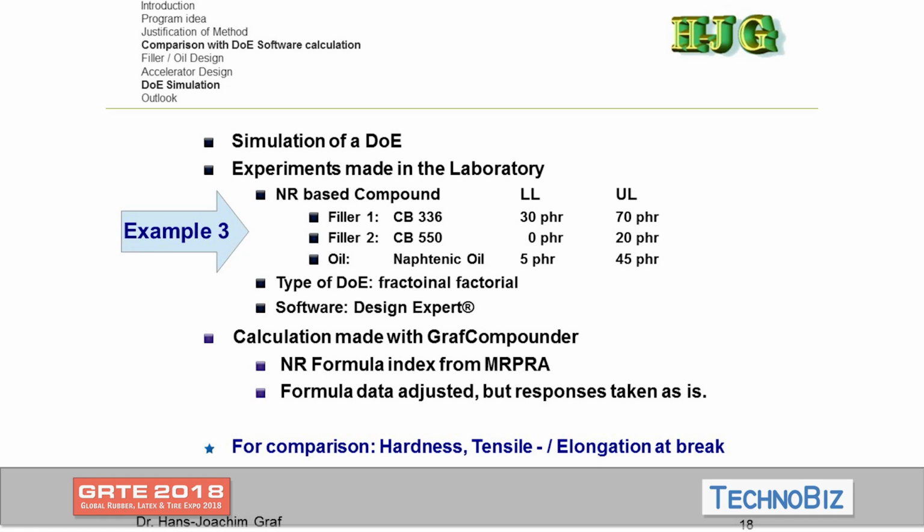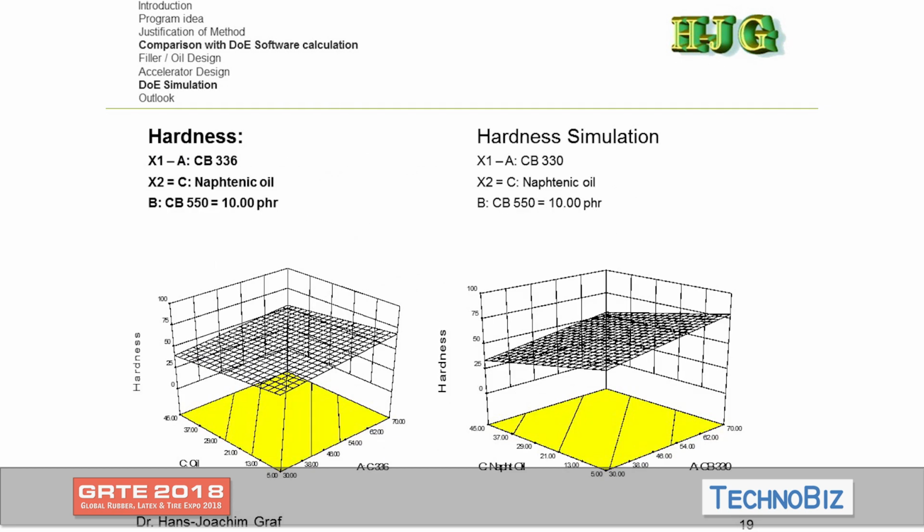So I ask myself, and how I can even have more proof of that. So I used an historic database from Standard Malaysian Rubber, by the way, which was one of the most complete data sets in the booklet, and tried to mimic an experimental design out of this database using the software. And you see here that you have hardness and a simulation of the hardness.